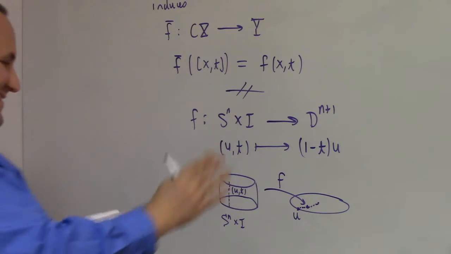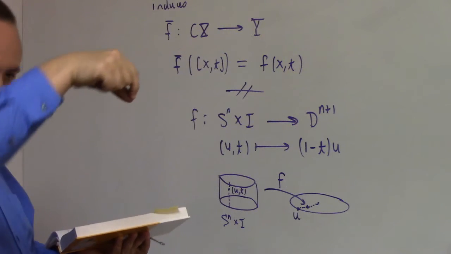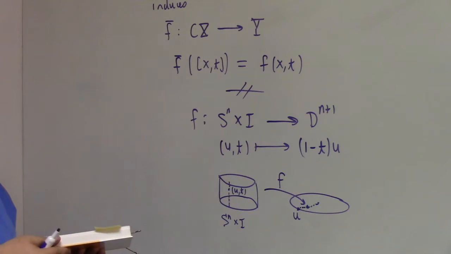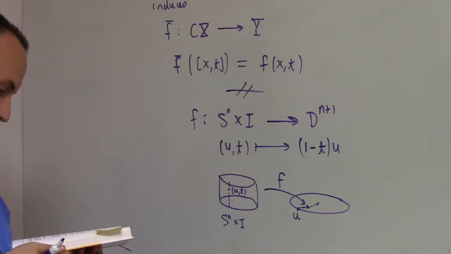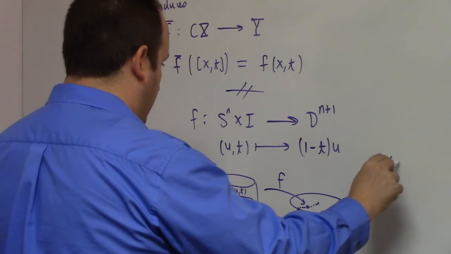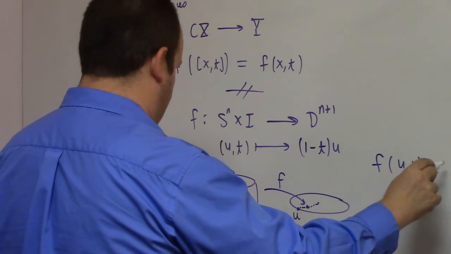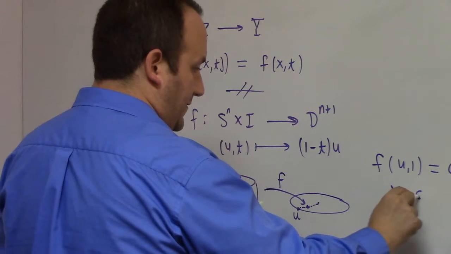They all end up intersecting in the middle at the origin. But you can check, of course, that f of (u, 1) is equal to 0 for all u in S^n.